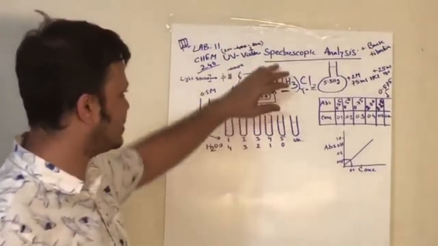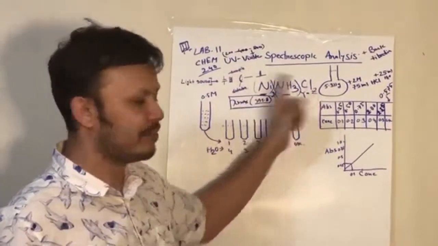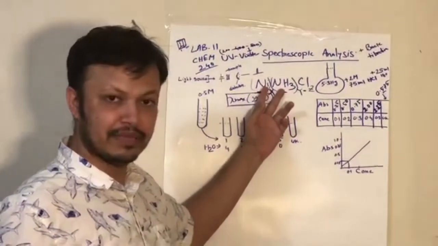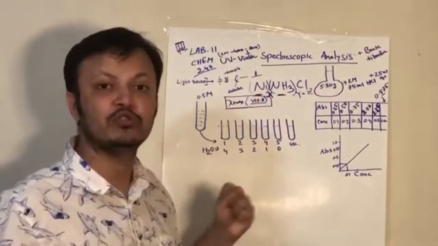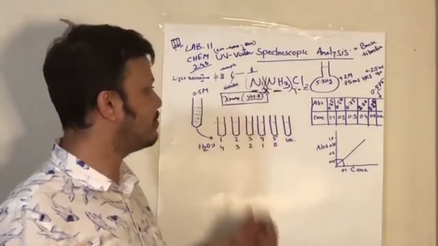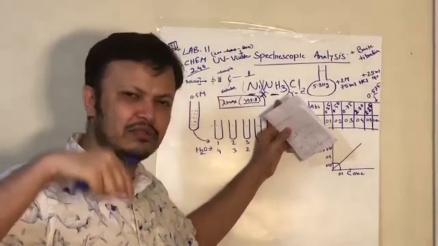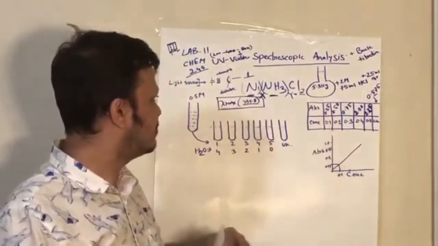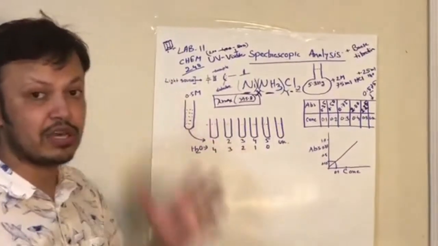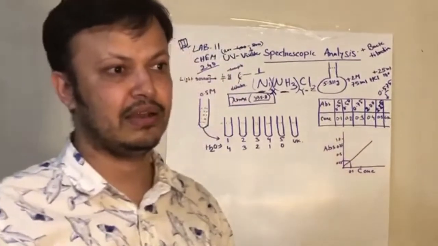To do that, first of all, as I said, we will give you nickel ammonium complex. Nickel and ammonium are very tightly bonded with each other, so it is very difficult to break this bond. If we use diluted acid to get the amount of the ammonium salt, it will not give you a sharp peak like the acid base titration.